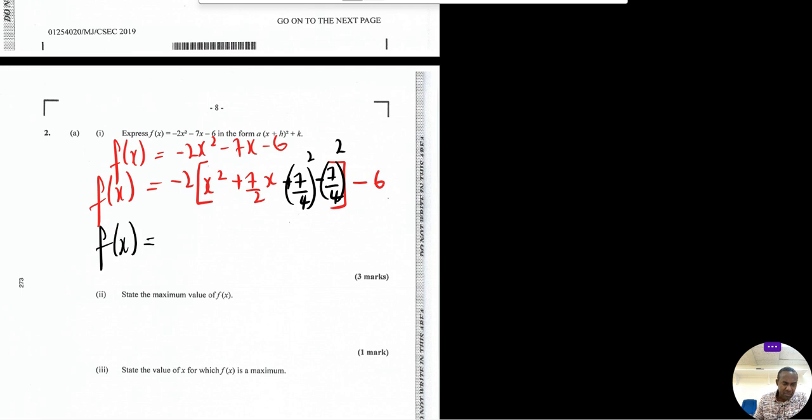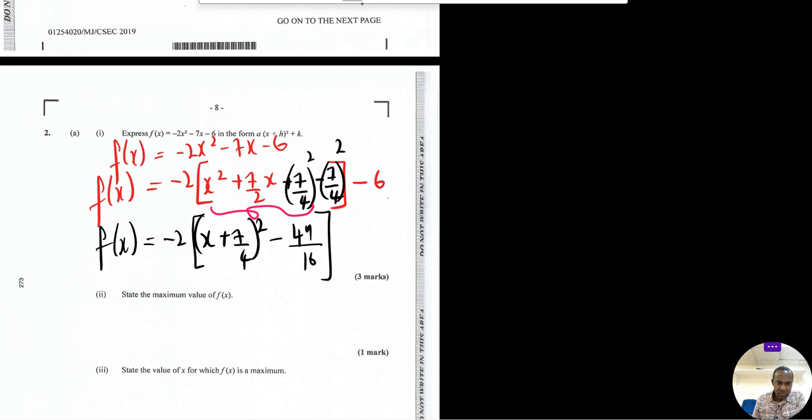F of x equals minus 2, close bracket. Now, these first three terms are going to give me what is called my perfect square. And so I will get x plus 7 over 4 all squared inside the square bracket there, right? And of course, outside I have my minus 7 squared, which is 49 over 16.